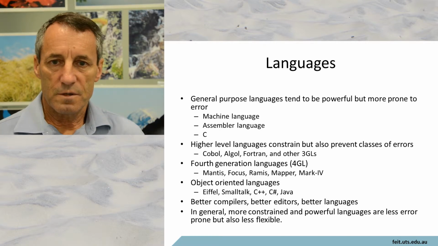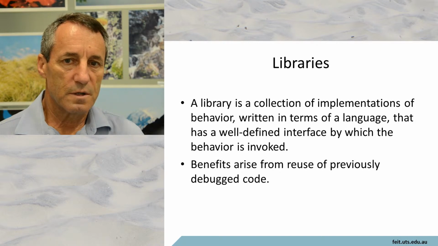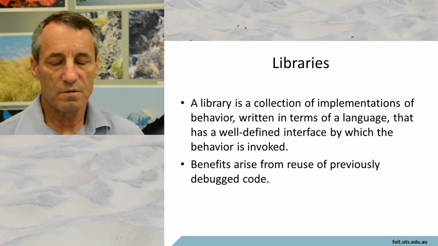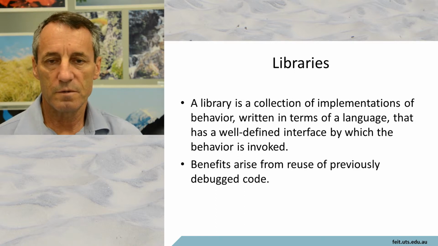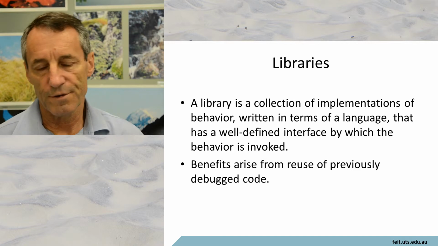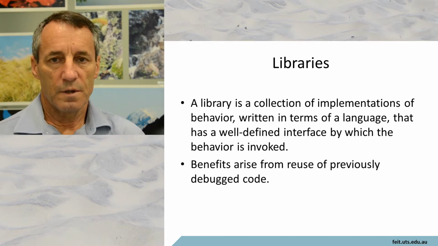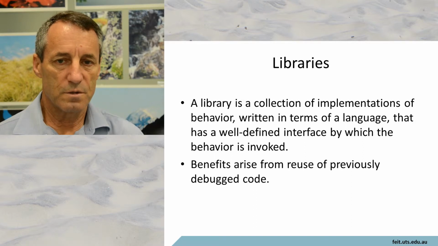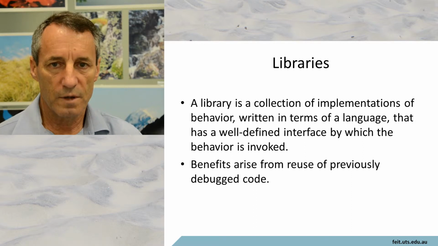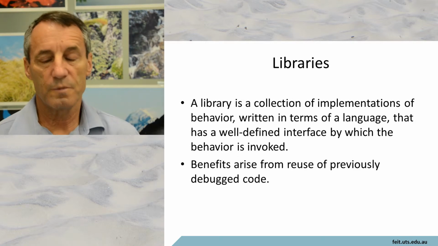One of the other inventions that came along was the invention of libraries, that you could buy a library like a math library or a library of methods to plug in for structural analysis or something like that. Now these gave any developer access to a whole lot of things that would otherwise have taken a lot of programming and a lot of time and trouble to debug.